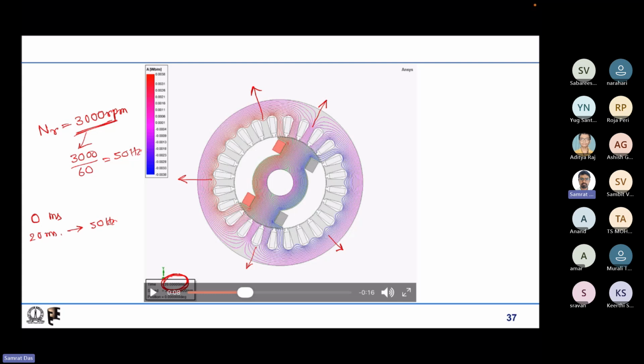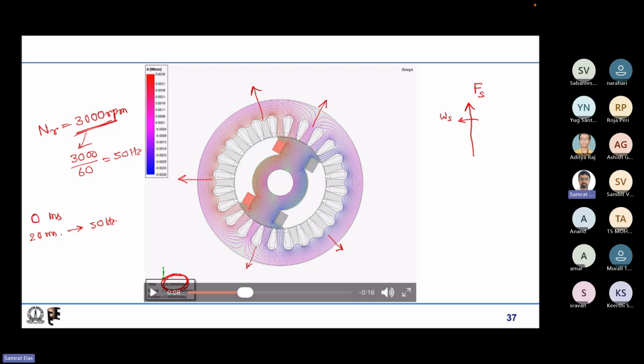Now if you see, we already have a three phase distributed winding in the stator that produces a stator magnetic field that is always rotating at synchronous speed, that is the speed corresponding to the electrical frequency, that is 3000 rpm for 50 hertz current excitation.